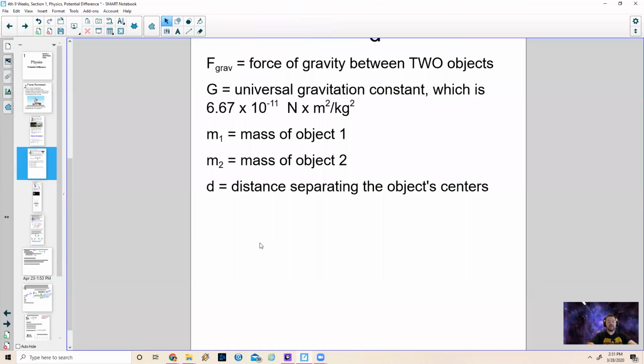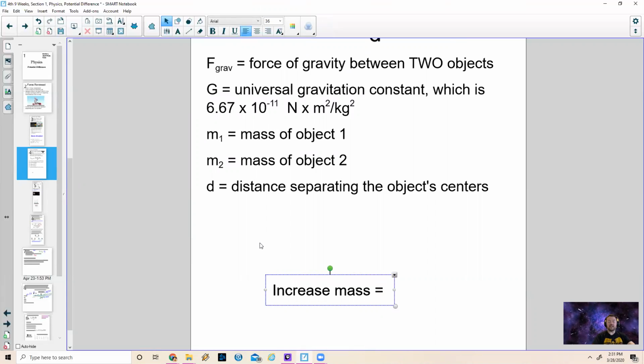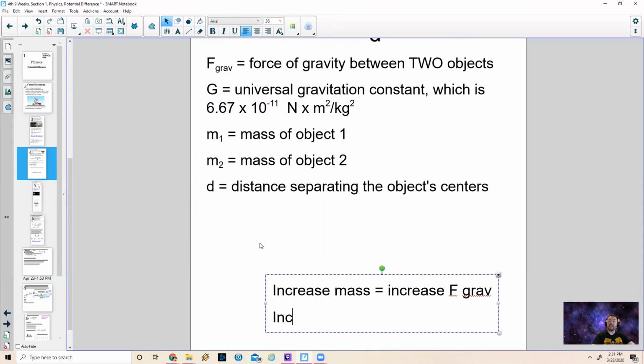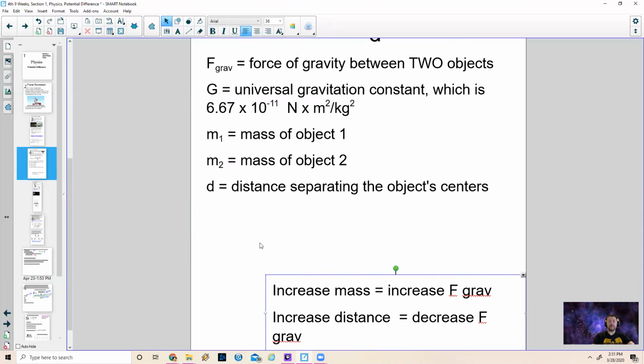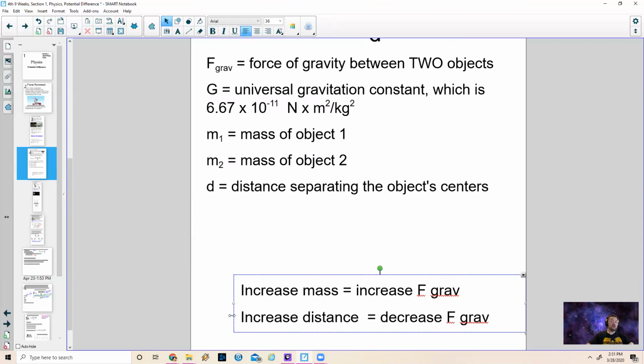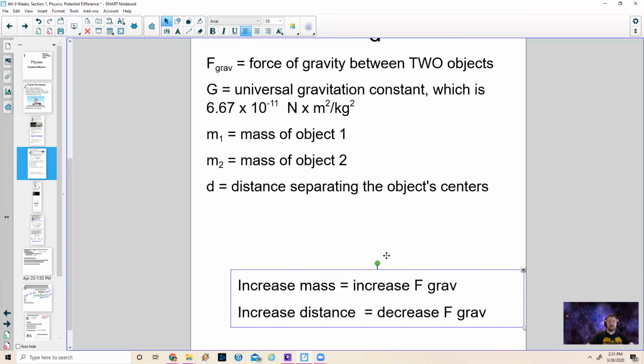That means if I increase mass, that's going to equal an increase in the force of gravity, F grav. But if I increase distance between two objects, it is not going to equal an increase in gravity, it's actually going to be a decrease in the force of gravity. And that is Newton's law of gravitation.